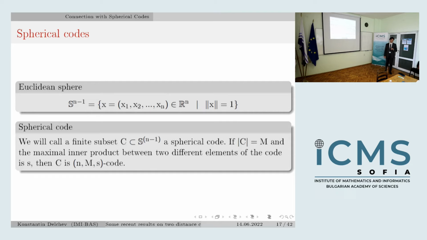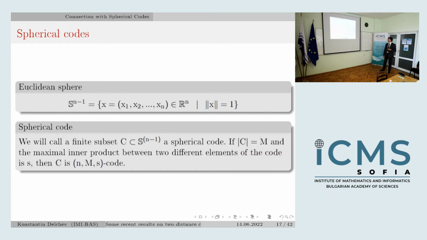Spherical codes, by the way, are also a very classical topic. They have been studied since the 70s, and there are a lot of results we can use. Furthermore, there we can do much of the same tricks that we do for Hamming codes.